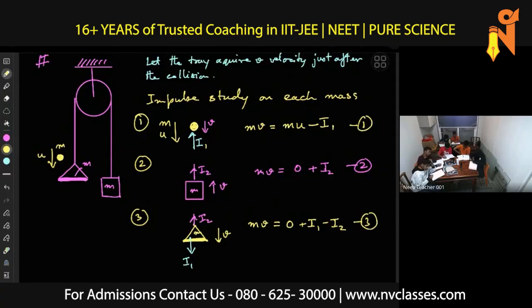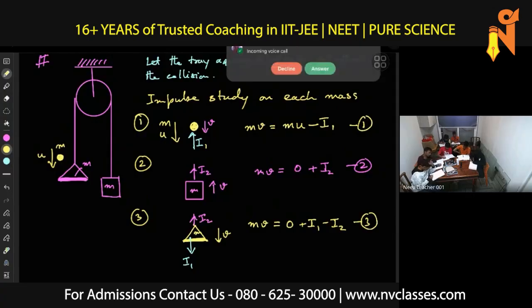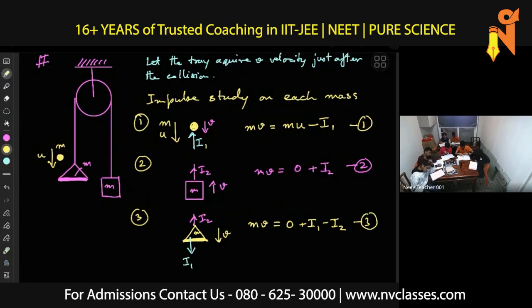Yes. Now writing all of it will give you something simple, like MU is equal to MV plus MV plus MV, like 3 MV. But this is the full-blown view. Is that clear? So we'll replace the I1 and I2 values. Like equations 1, 2 and 3, if you add them up, what do you end up with?